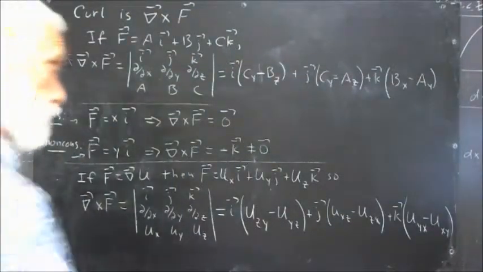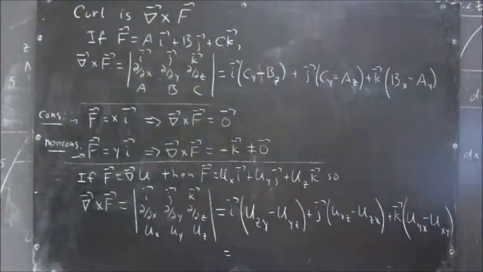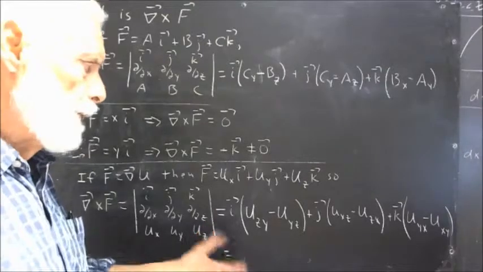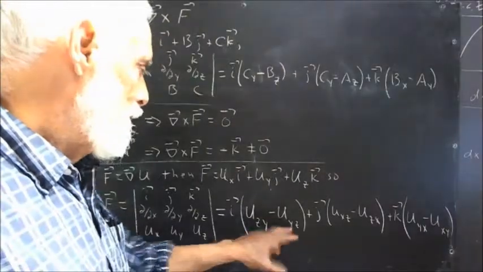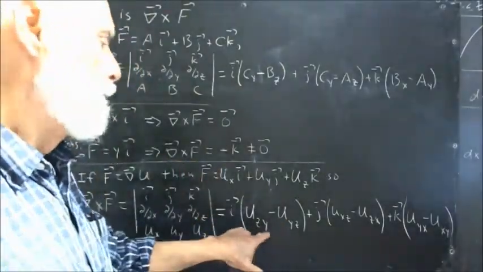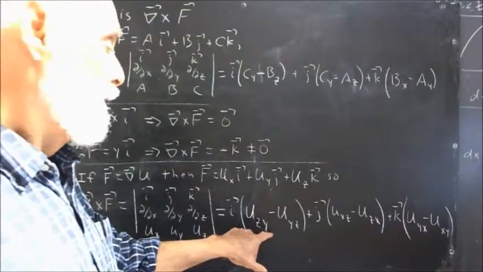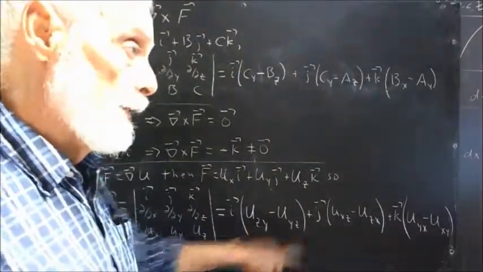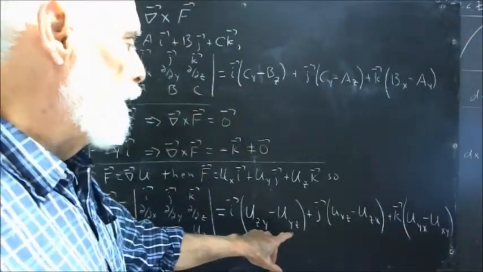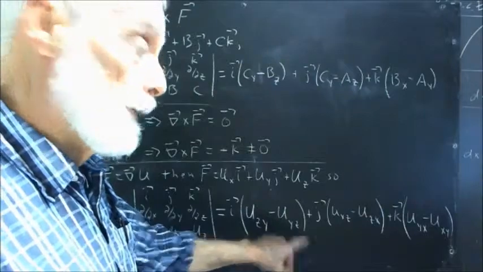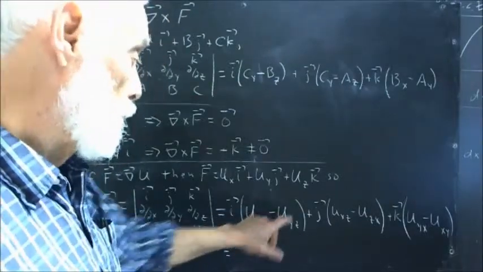Okay, so what's that equal? Well, partial derivatives, and we haven't proven this, but the partial derivative with respect to two different variables is independent of the order in which you take those derivatives. So if you do Uz and then take the y derivative, it's the same as if you did Uy and take the z derivative. So these two terms are equal, and with that minus sign, it gives you 0.